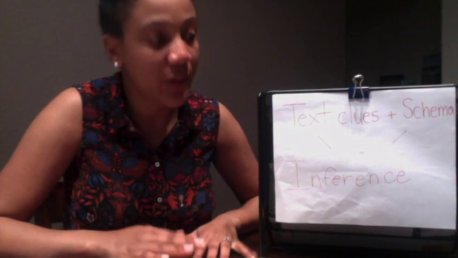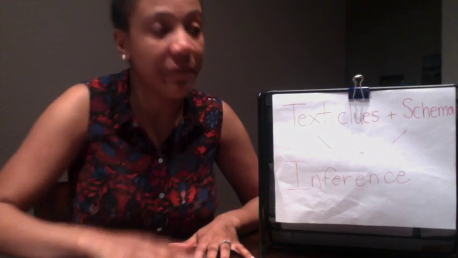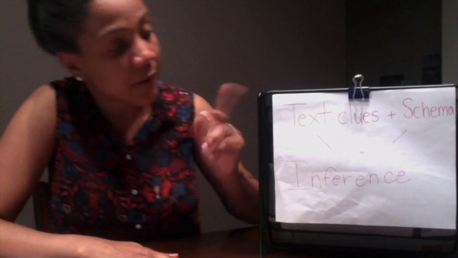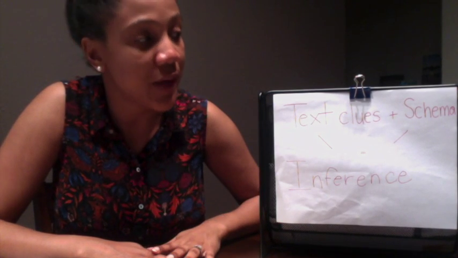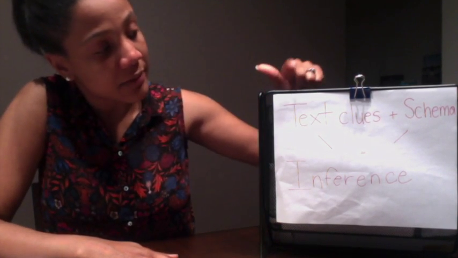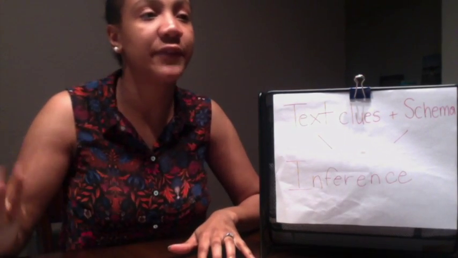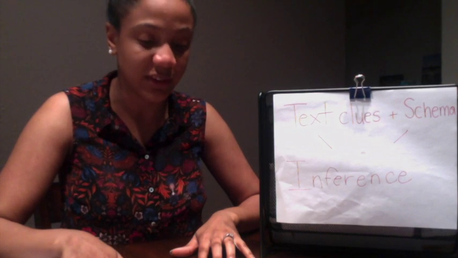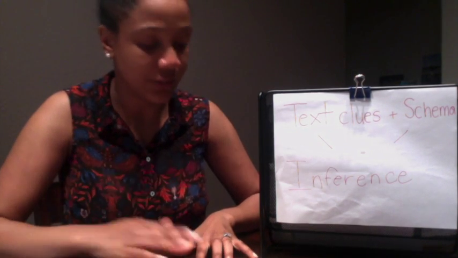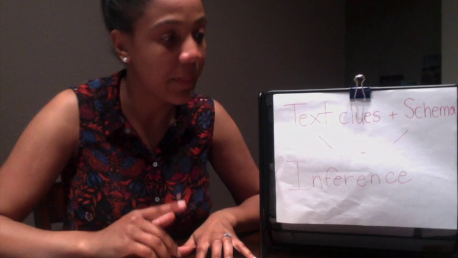So before we say what we think our inference is, let's use our formula to help us make sure we have our inference together. Let's start with our text clues. What are some things we've read in the story that can help us figure out how we think the spider feels about the cat in the story?